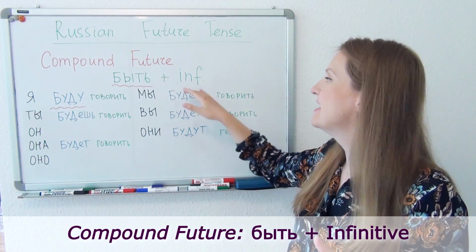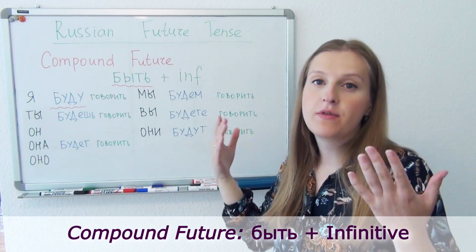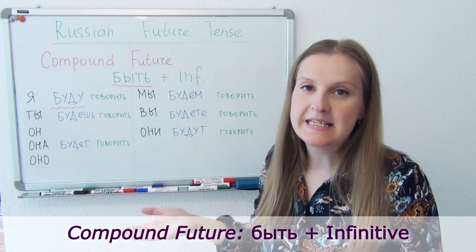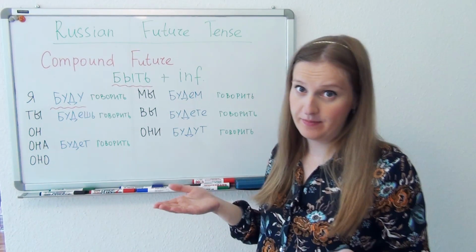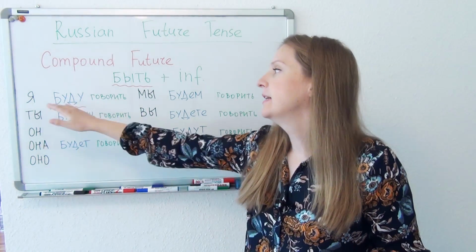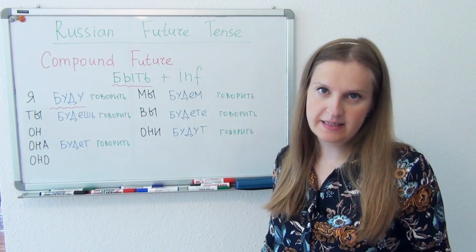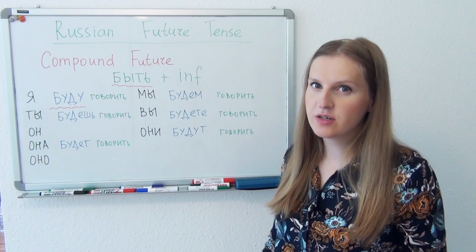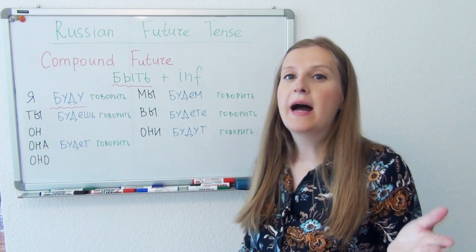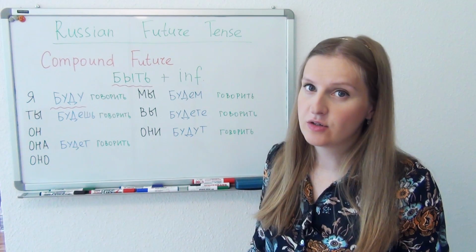And then we use the infinitive of the verb we need, of the full verb, of the meaningful verb. For example, я буду говорить. I will speak, a regular action in future, or I will be speaking, a continuous action in future.